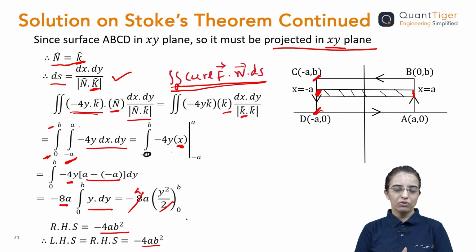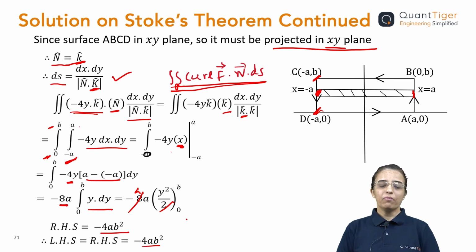The line integral we found along the closed curve is equal to the right hand side, which is nothing but the surface integral over the surface. This is how we have proved the left hand side and right hand side of Stoke's theorem, which is given as minus 4ab square.